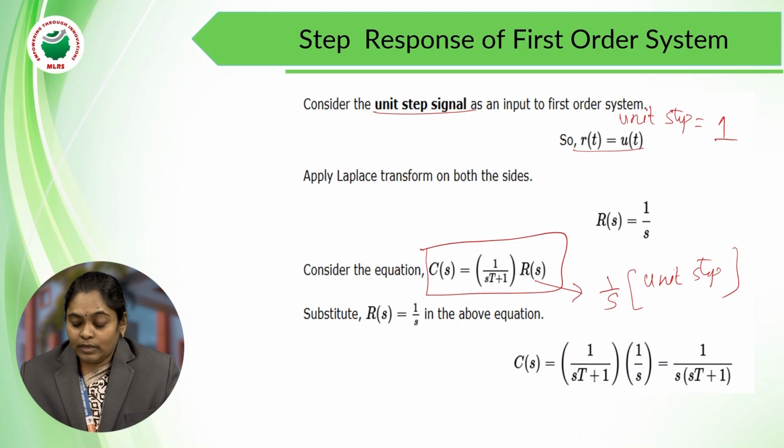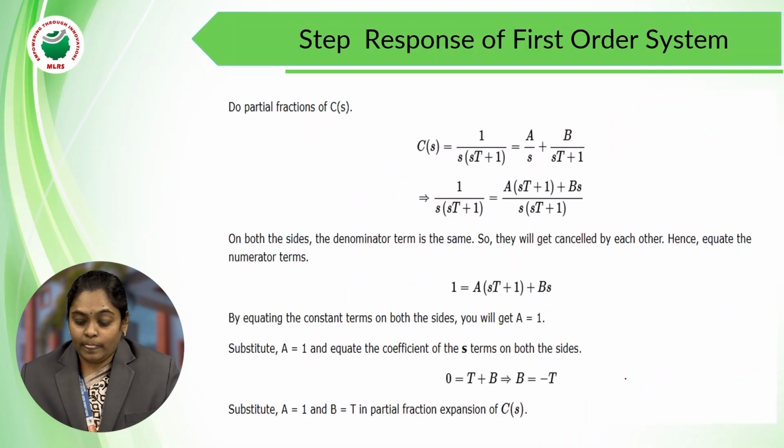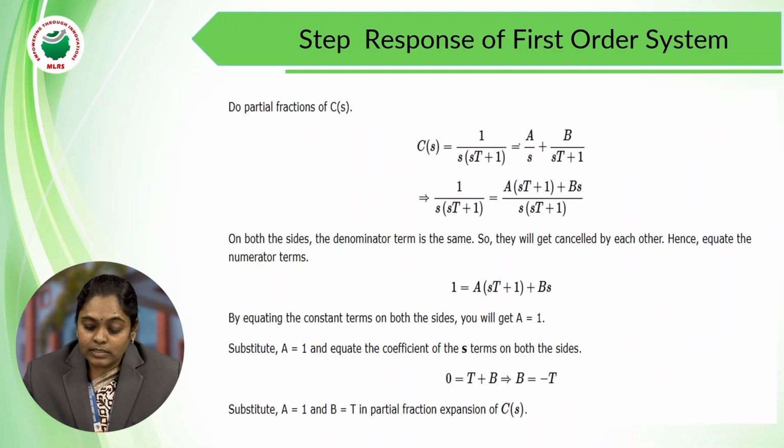So this can be written as A by s plus B by (1 plus sT). That is nothing but applying partial fractions. We need to calculate the value of A and the value of B, which can be determined using partial fractions.